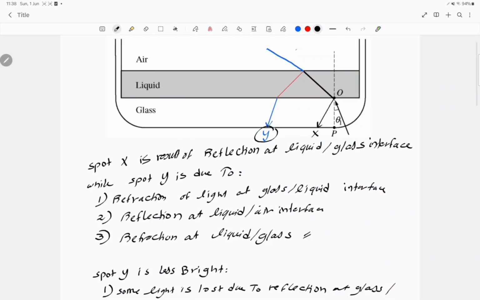And why is spot Y further? Well, because of the multiple things that have to happen for it to form, which is the refraction, reflection, and then one more refraction. All of that will result in it forming a further spot.